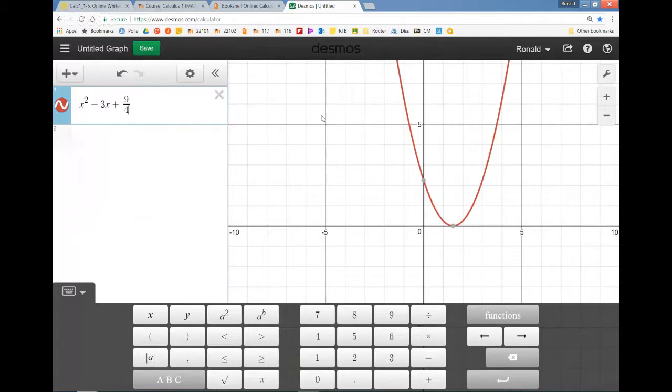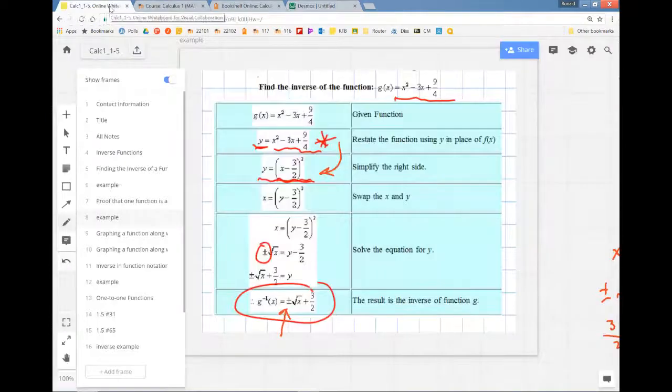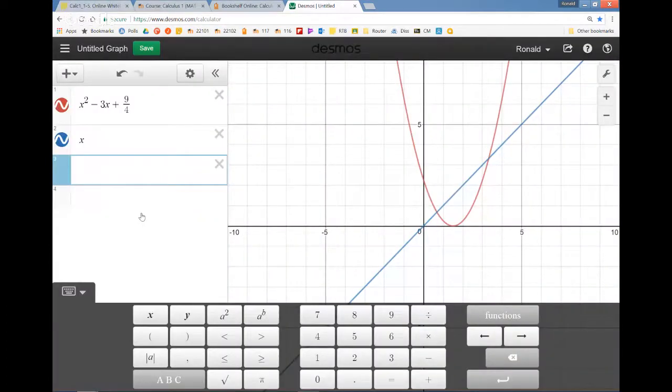So that's basically our beginning function. And then I'm just going to throw in the identity function. And then what we came up with down here on the bottom, plus or minus the square root of x plus 3/2.